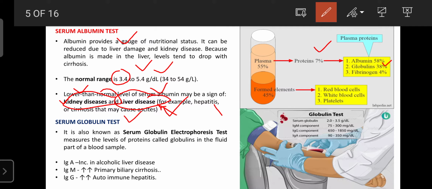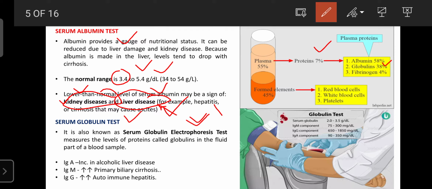These serum globulins are monitored by the electrophoresis method. That's why the serum globulin test is also known as the serum globulin electrophoresis test.